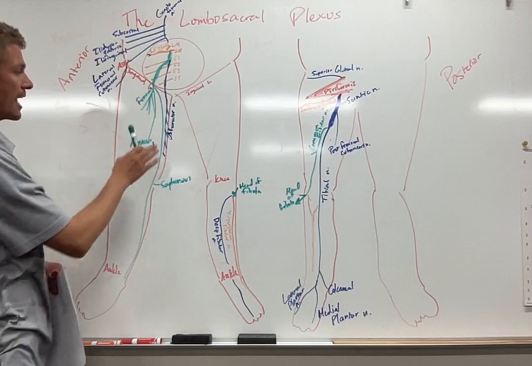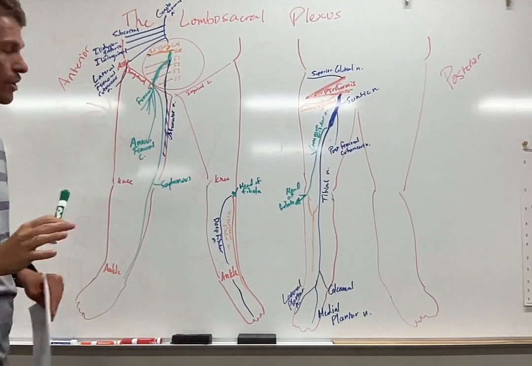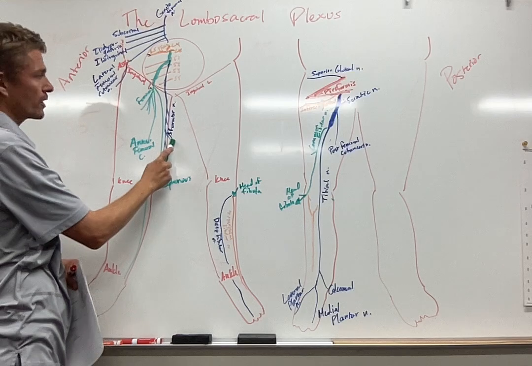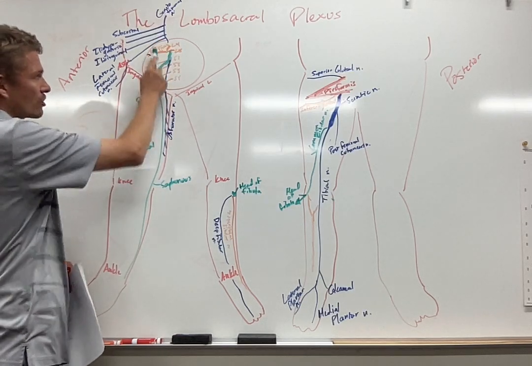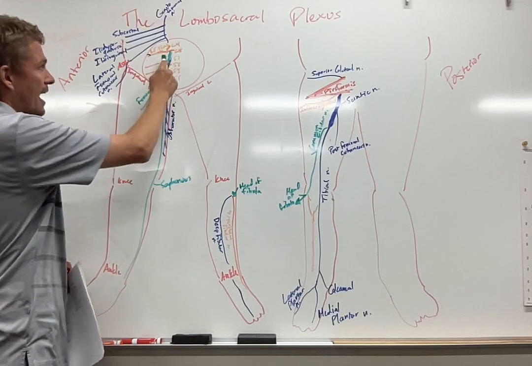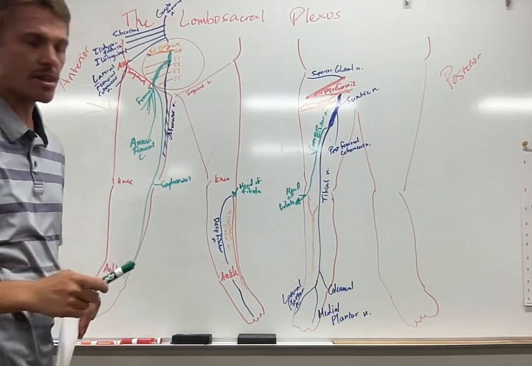Finally, on this anterior view up here in the lumbosacral trunk, we have the obturator nerve. So the obturator nerve, it actually kind of cuts across this abdominal cavity, and it's going to pop out, and it makes its way into the medial portion of the thigh.